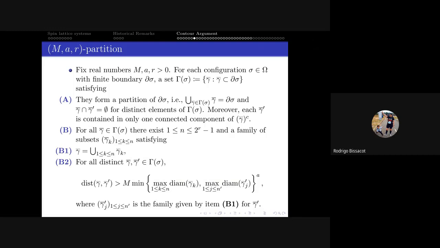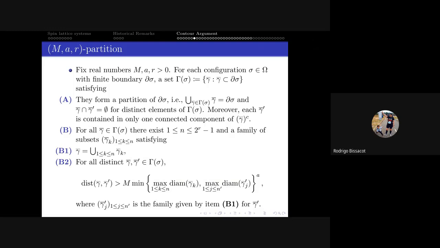What are these family of subsets? They are just the intersection of the cubes with the regions of incorrect points. In all the pictures that Lucas showed, at some moment he just keeps the cubes which intersect the region, right?